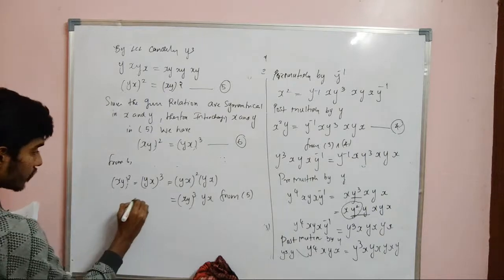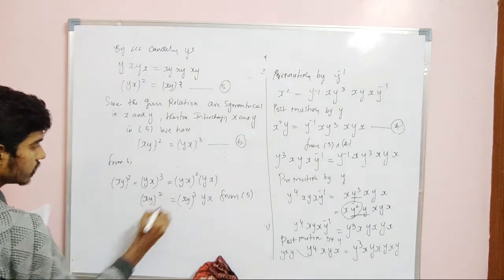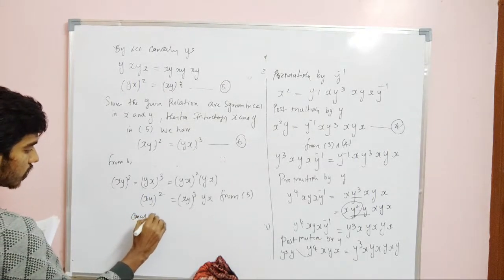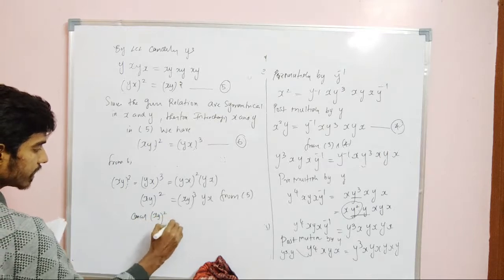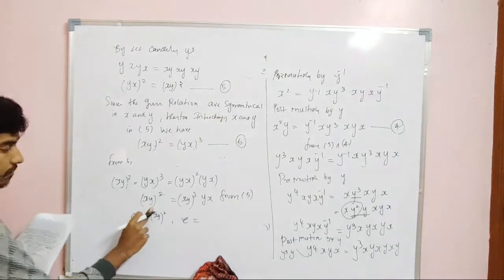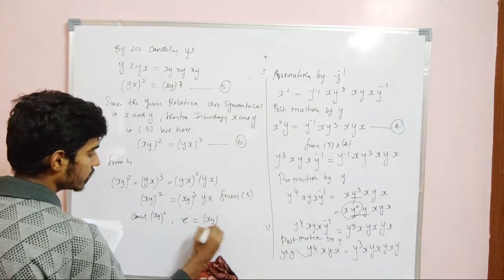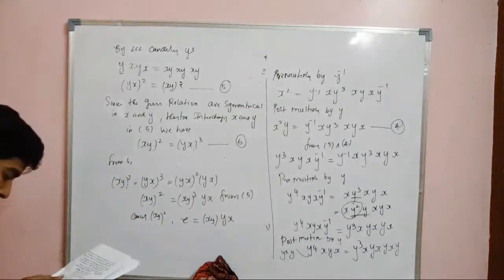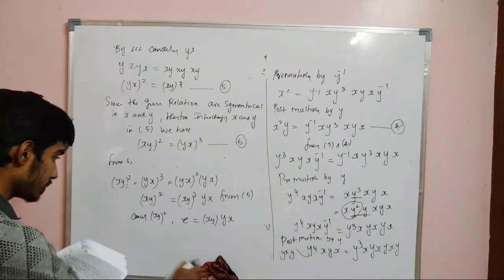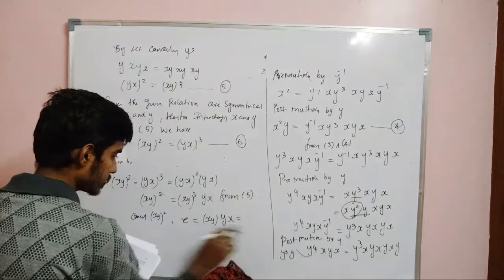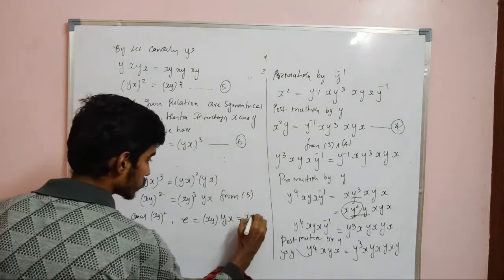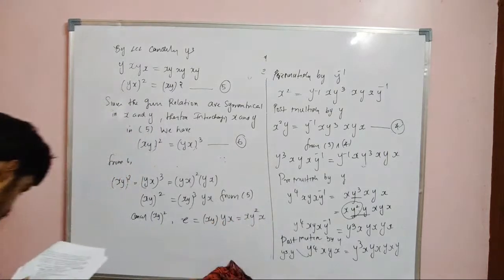Now here we have (xy) square, right? So cancelling one (xy) square by the left cancellation law, here we have only e, and here we have one xy, and here we have yx. So this is the same as (xy) square x.